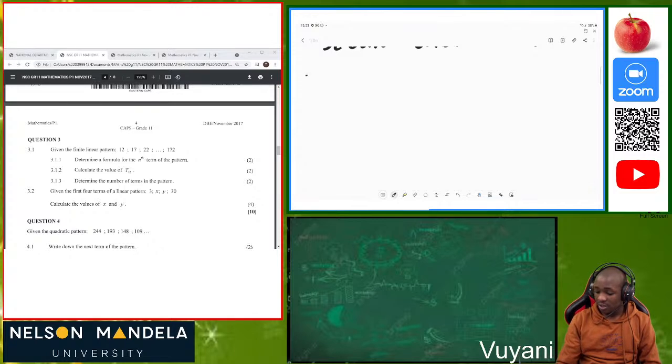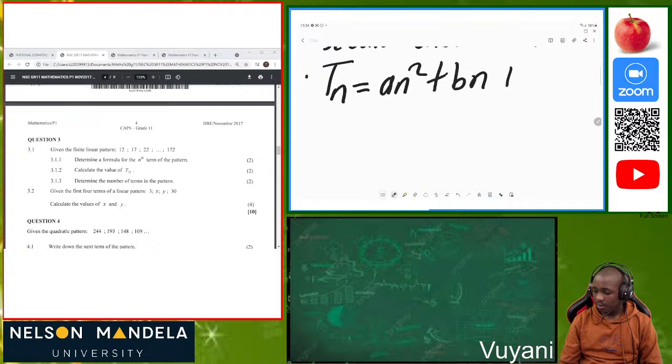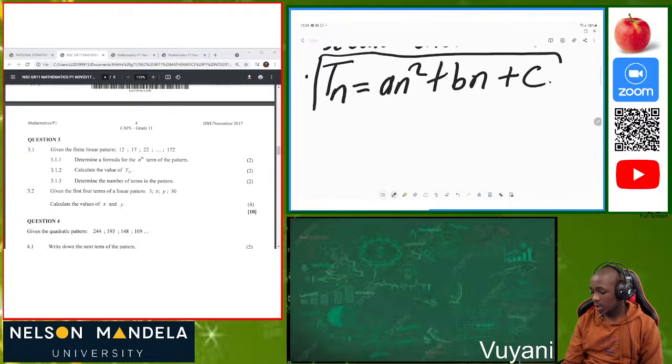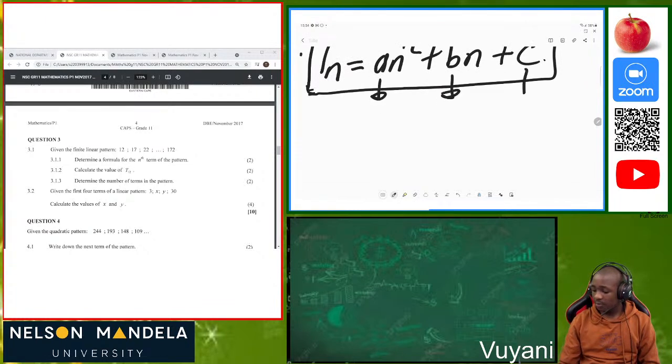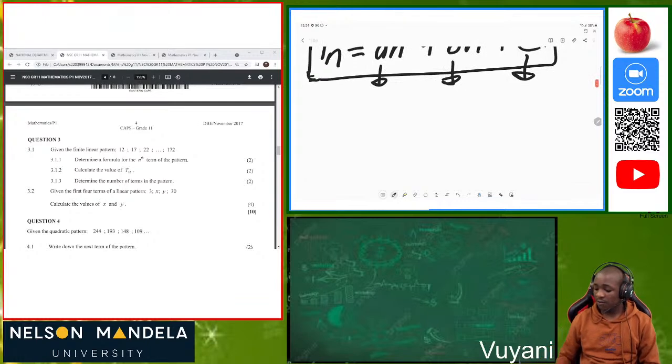What is also important is the general term, or the nth formula. On the nth formula, we know that Tn is equal to an squared plus bn plus c. In order for us to get the values of a, b, and c, we have this small set of equations.